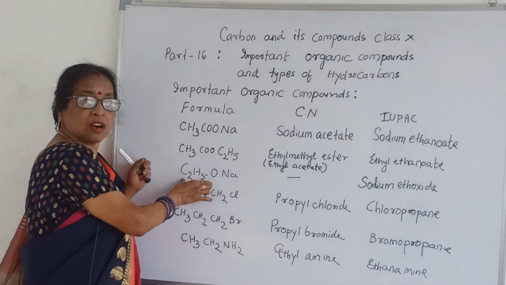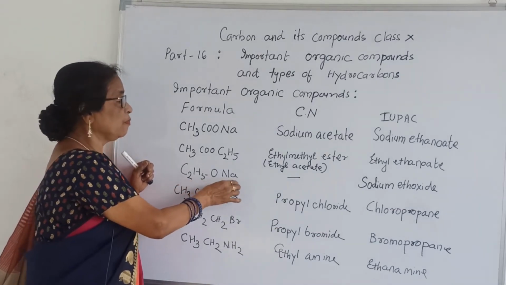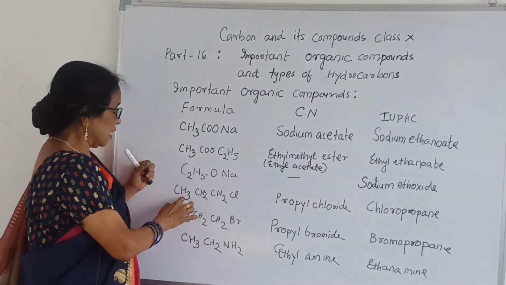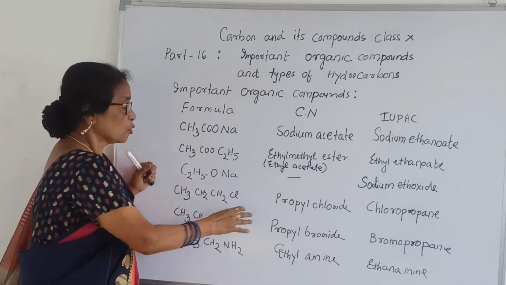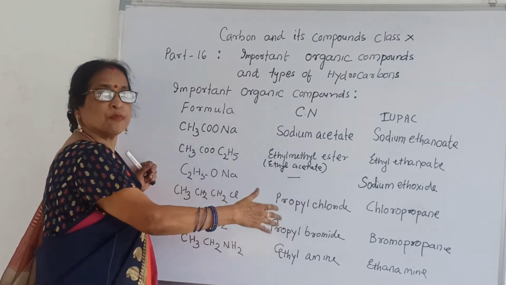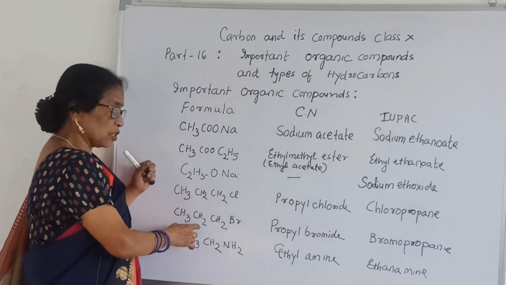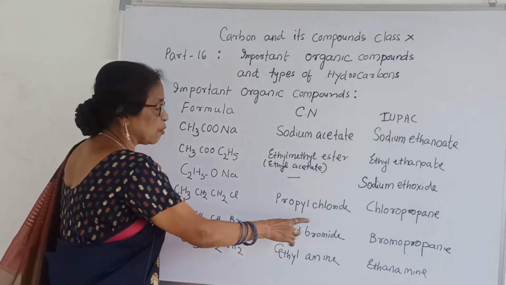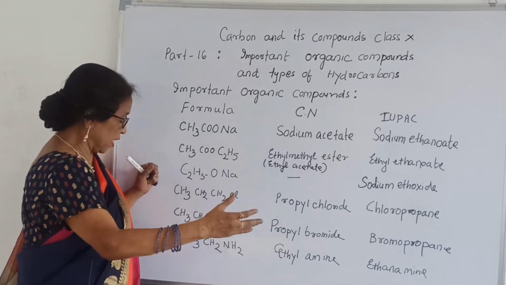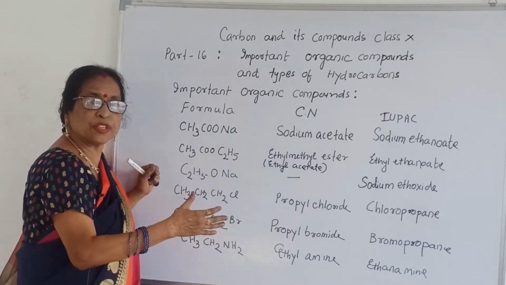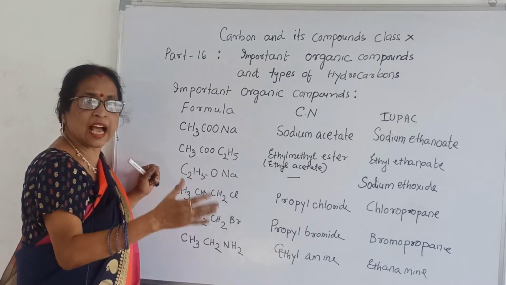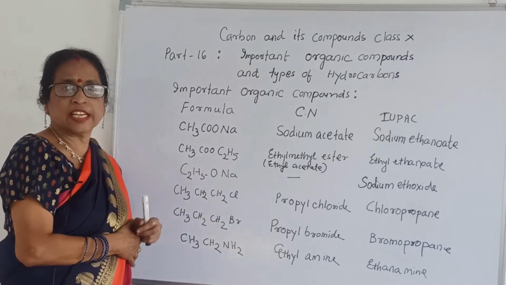This is from ethyl alcohol, sodium ethoxide. And here CH3CH2CH2, three carbons, prop. So propyl chloride, IUPAC name chloropropane. Here also three carbons, propyl bromide, that is bromopropane. CH3CH2NH2, ethylamine, or IUPAC name ethanamine. I hope it is clear.